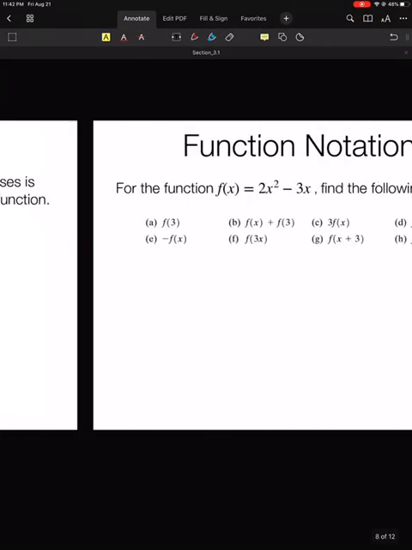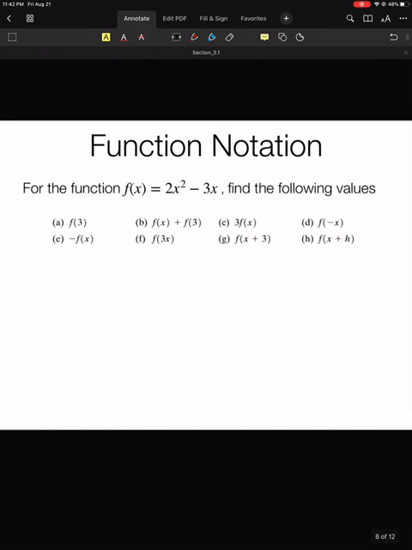Here's a quick example of function notation and how to do function notation. There are a lot of examples here. I'm not going to do all of them, but I will do a few. The first and easiest one is A, and A says I want to evaluate f at 3.